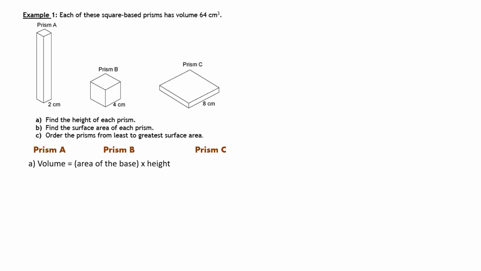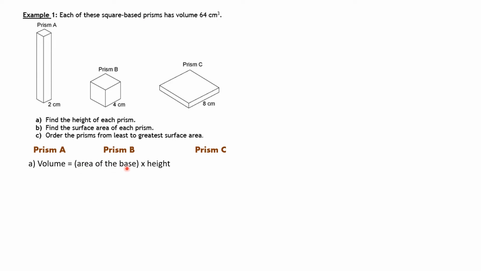The first question is asking for the height of each prism, so we need the volume. The volume is area of the base times the height. Volume is length times width times height of a prism. But in this case, the length and width, which are the base, are the same because we're only doing square-based prisms.